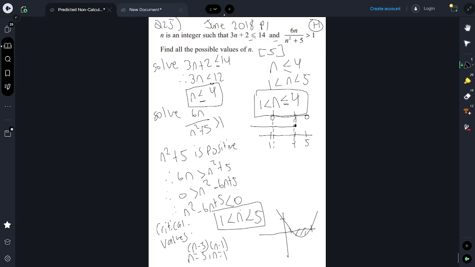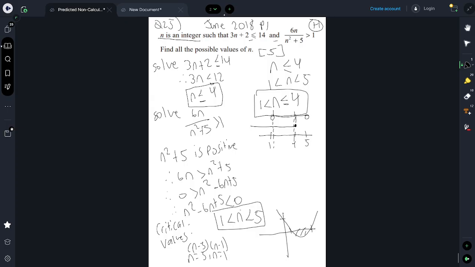Okay, normally you'd be done there, but there's one hidden condition at the end. Well, not hidden, but it says at the very start, which might have thrown some people off. It says n is an integer, and it says find all the possible values of n, which means we have to list them. This isn't a list of values, is it? So n is an integer.